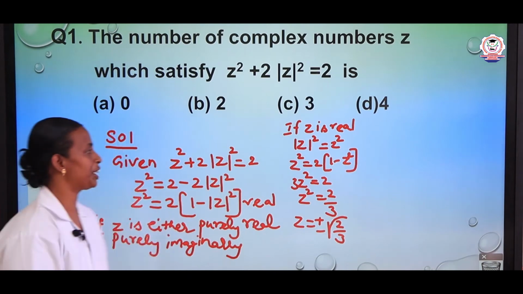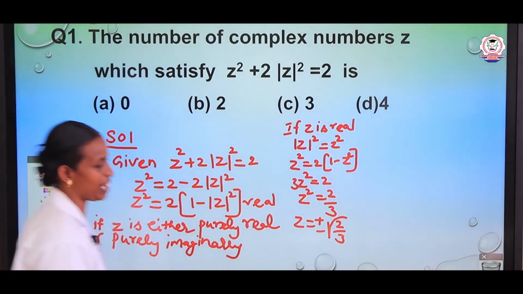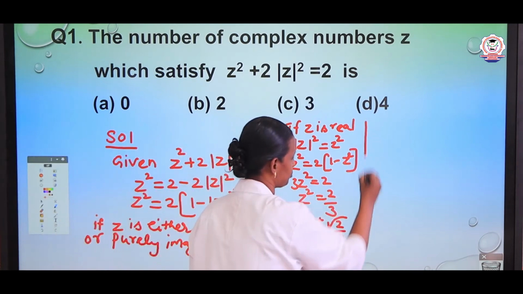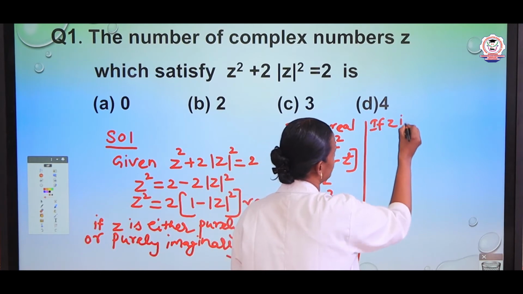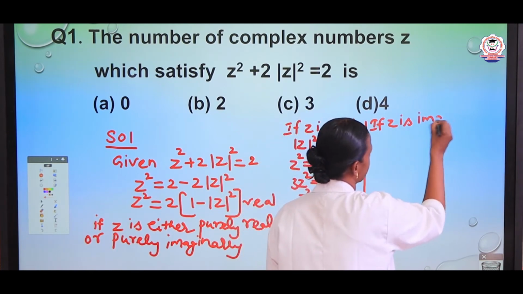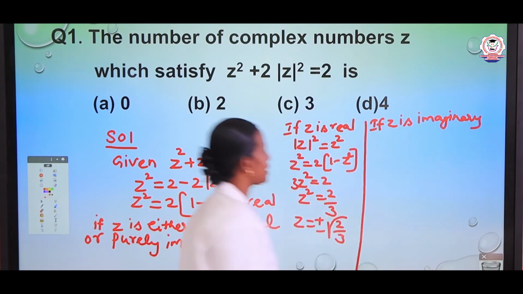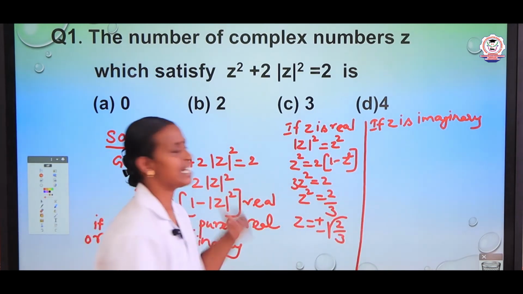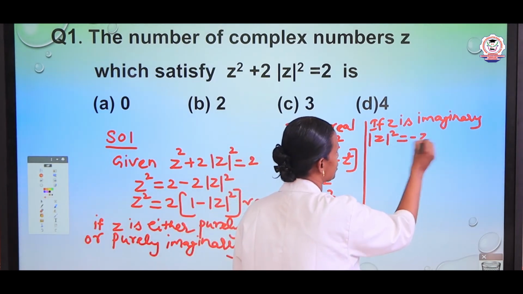Next we are going to see the other case. If Z is purely imaginary, what will happen? Modulus of Z square is nothing but minus Z square.